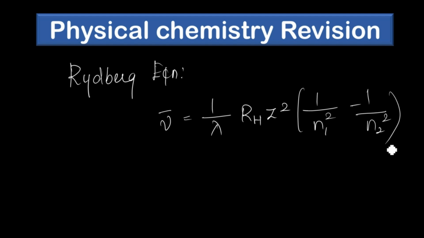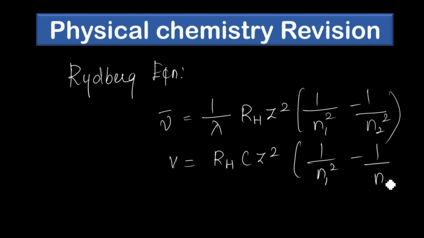So if I am substituting the lambda values and nu bar with velocity, then I would write it as RH Z square, the same thing. Okay, from the given values you just do the mix and match. So what is the value of RH? That is 1096.78 centimeter inverse.